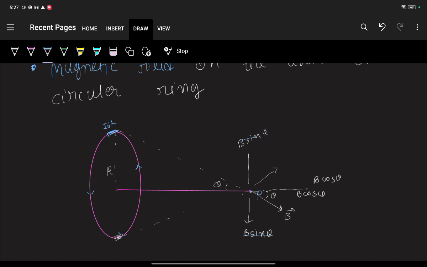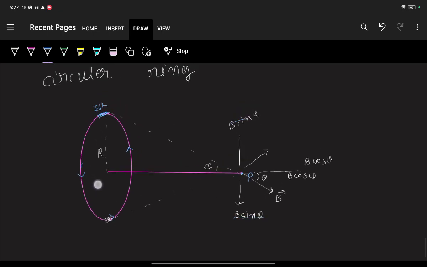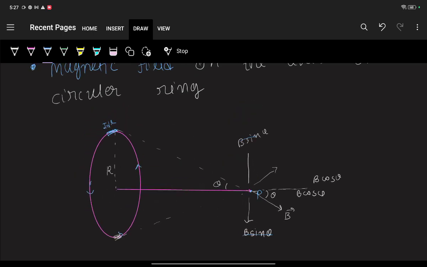If you take any element anywhere, there will always be a pair that cancels out its sine components, okay? So let's just discuss the cos theta component only, because the sine component is anyway going to cancel out. So we are getting this B cos theta magnetic field over here.